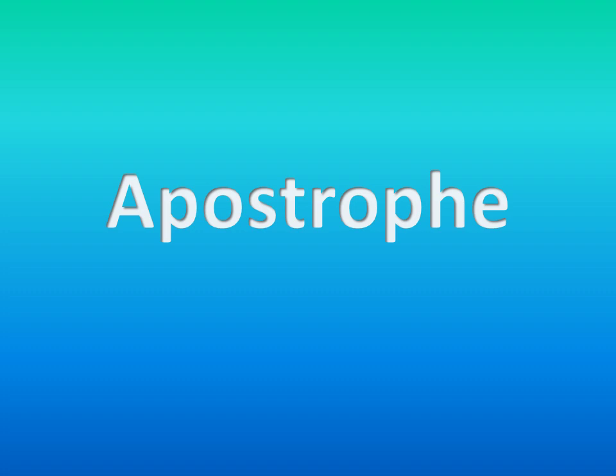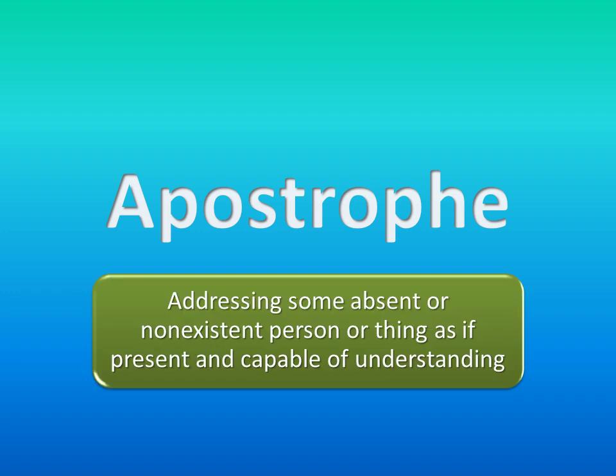Apostrophe. Apostrophe is used in the context of a figure of speech. In this context, it's not referring to that punctuation mark that is so often forgotten, neglected, misused today, but rather it's a term that refers to addressing some absent or non-existent person or thing, as if present and capable of understanding.